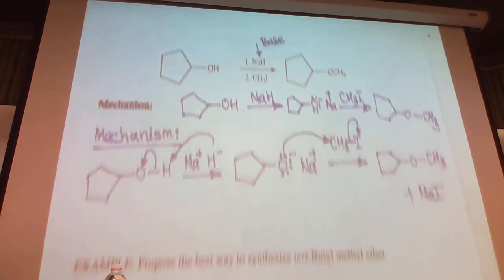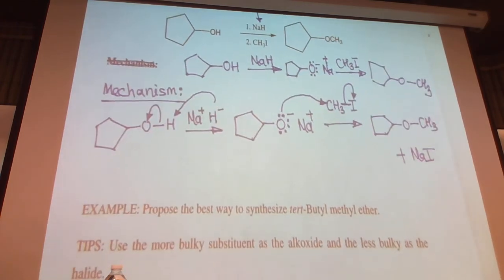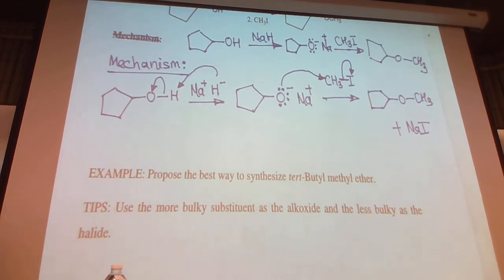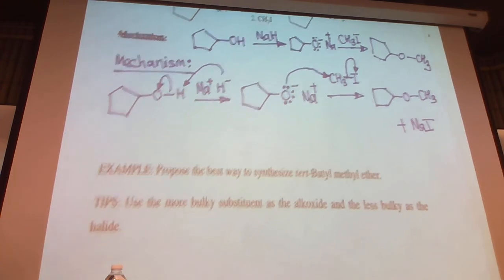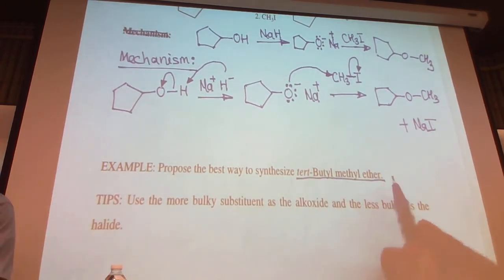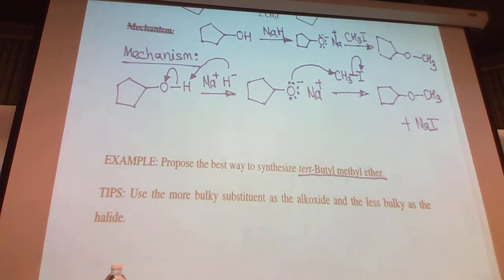So let's look at an example here on how to make this. Synthesize tert-butyl methyl ether. That means you have to first know the structure before you can do the synthesis. If you do not know the structure, your answer is going to be incorrect from the beginning.